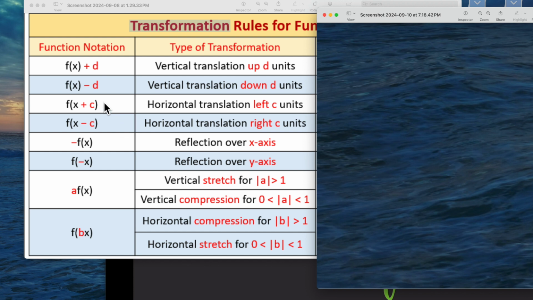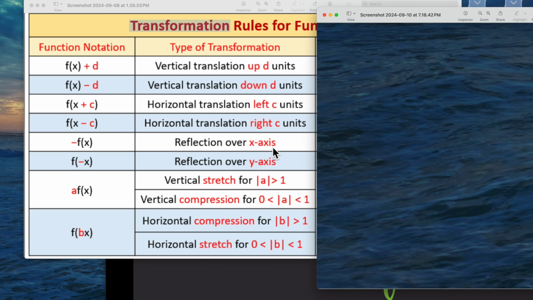Whenever something is outside of the function, meaning outside of the parentheses, you're dealing with vertical. Vertical, vertical. Down here, we're outside of the parentheses. That's vertical. Here, we're outside of the parentheses, and it turns out that's a reflection over the x-axis that we just spoke about.